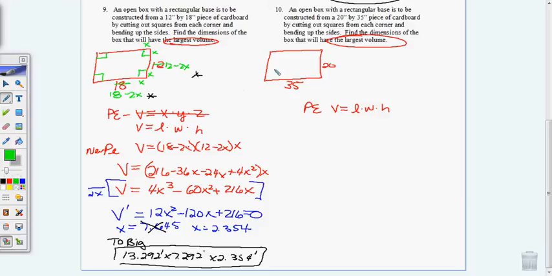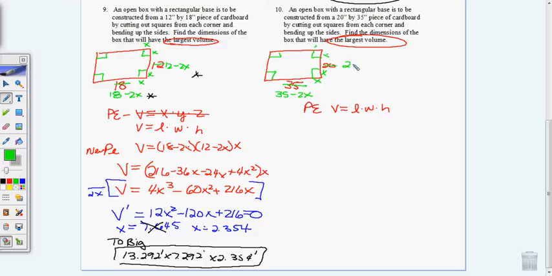If you read carefully, you're cutting squares. A square, a square, a square, and a square, which leaves you x and x and x and x all the way around. That means 35 is no longer the side length, but 35 minus 2x is the new side length.